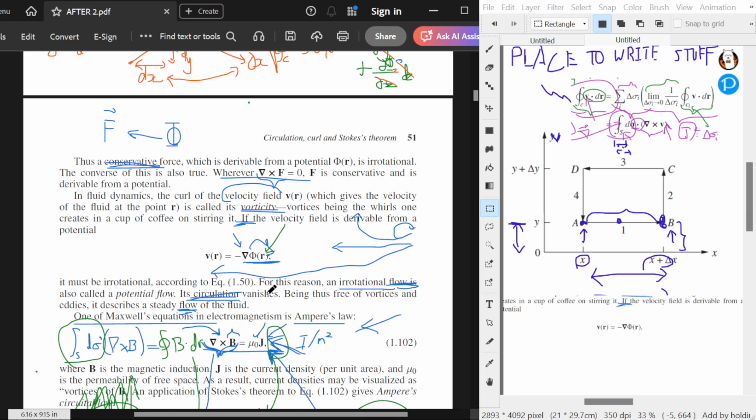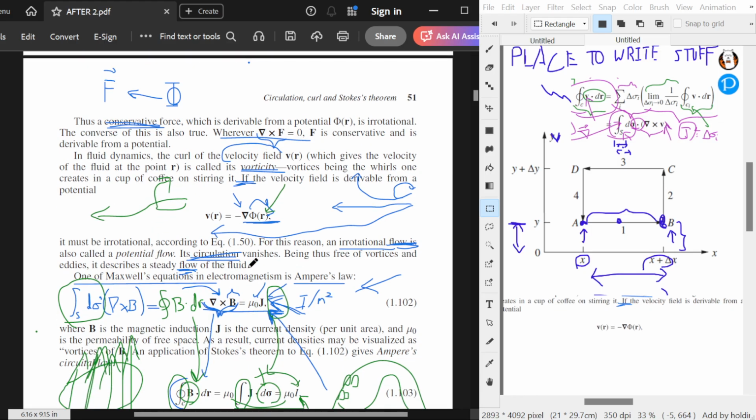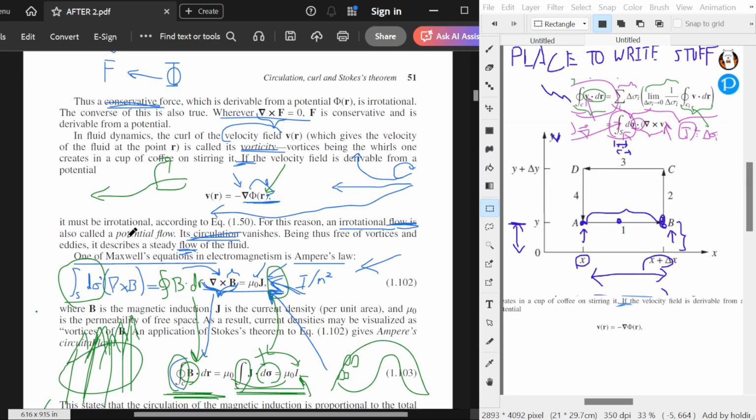Irrotational flow is also called potential flow because it comes from a potential. Being free of vortices and eddies, it describes a steady flow. So a flow that is derived from a potential field results in a steady flow, like there's no curving. I assume that from these sentences.